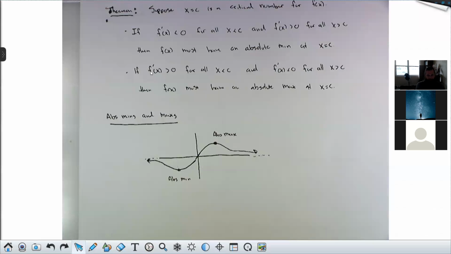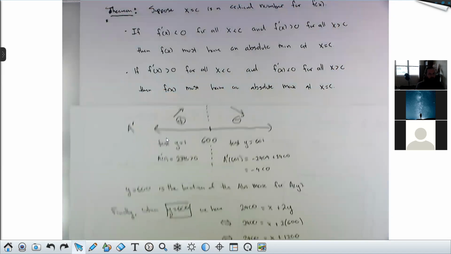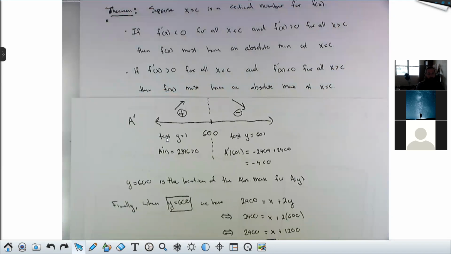So part of this is trusting the theorem, and part of it is being comfortable with the geometry and thinking about graphs. If you're ever unsure, that's really what this number line business is for, right? That's the purpose of the number line here, is to kind of help us be confident that we're finding the thing we want to find.